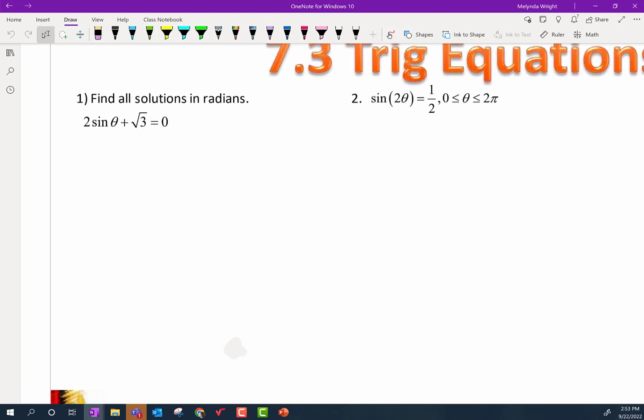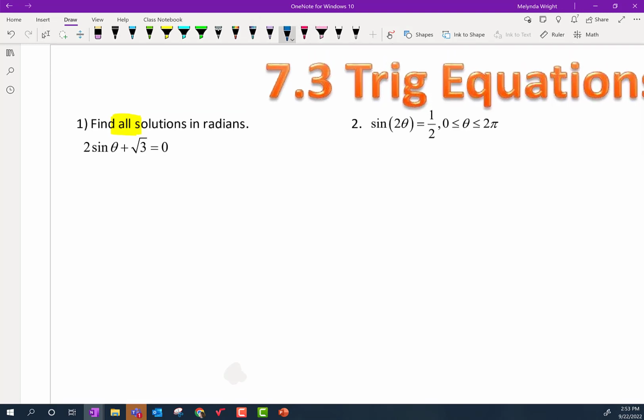So let's go through our particulars. The first thing we want to notice is that it says all solutions. What does that mean? This means that we want the function solutions and the relation solutions.